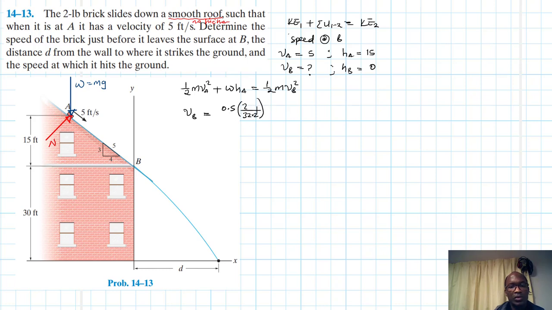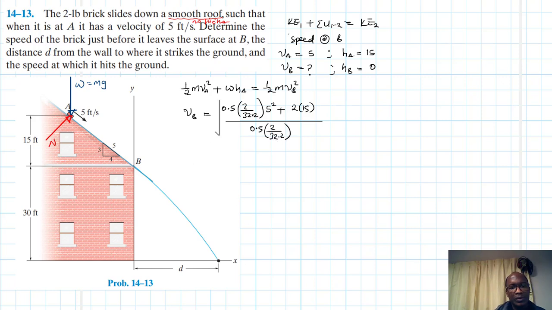This is the acceleration due to gravity, because the weight is given in pounds, so we need to convert it to mass, which is slugs for these units. And VA is 5 squared.